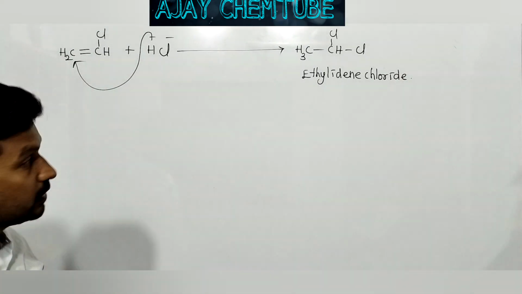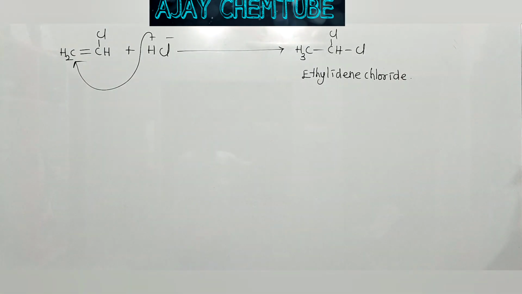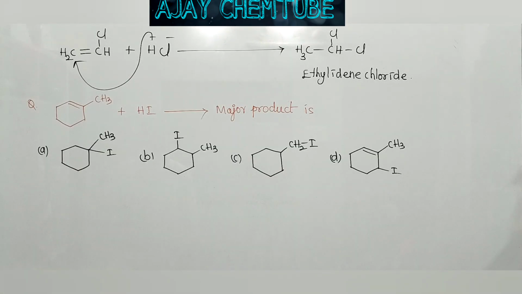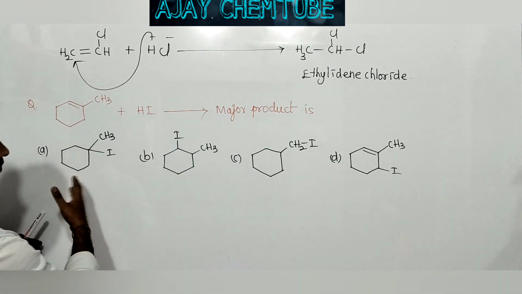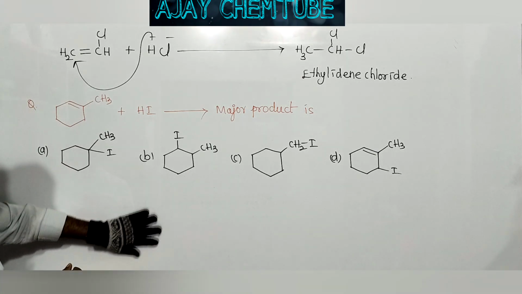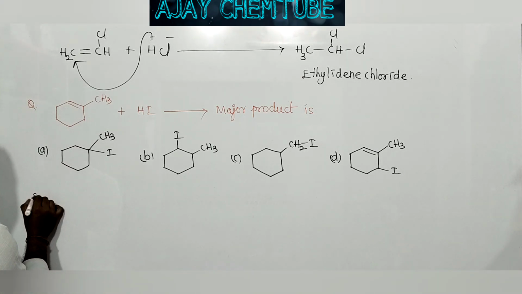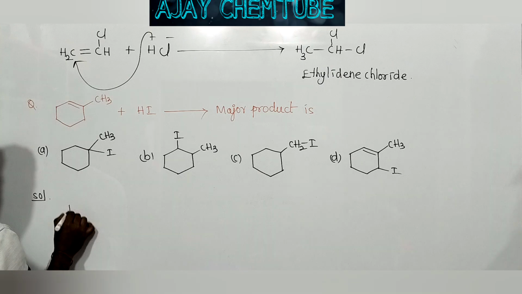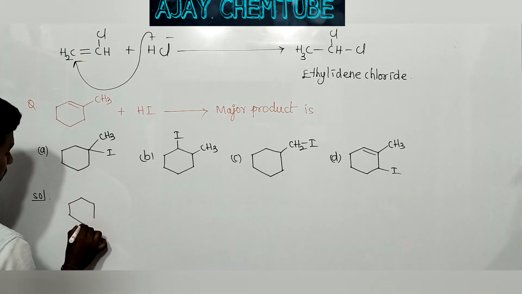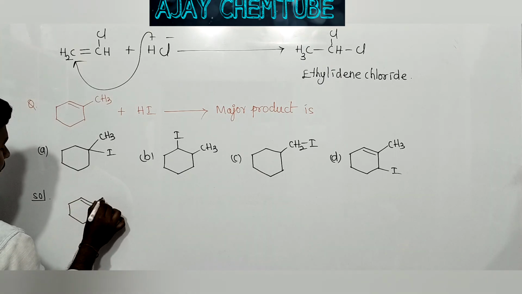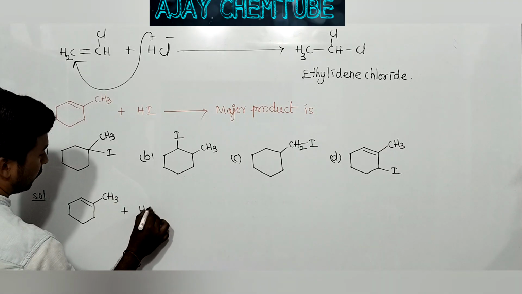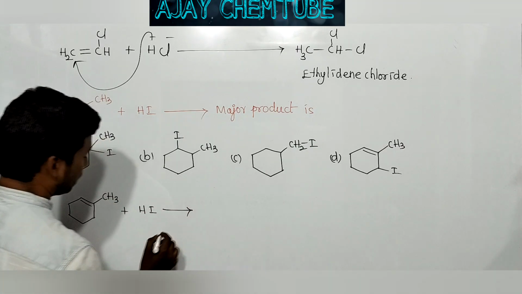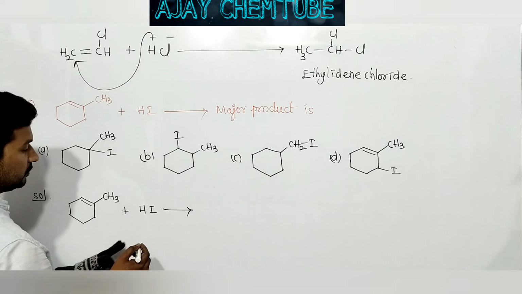Okay, so take this one. The major product of this reaction is, among these four, which is the correct option? So how do we do that? This is the reactant in the HI addition reaction. First, electrophilic addition reaction.